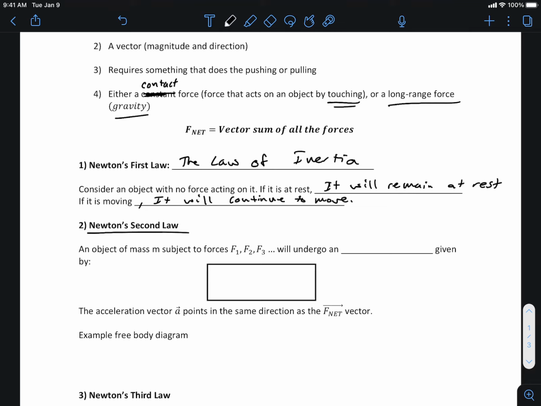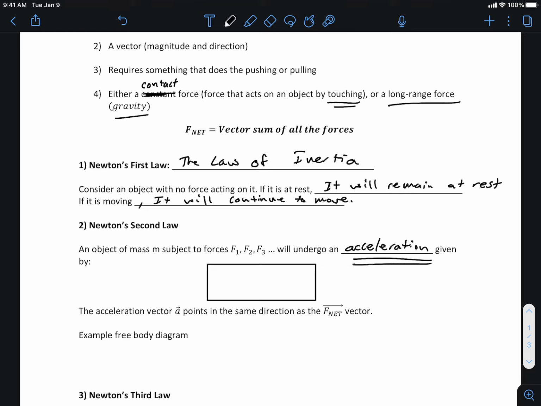Newton's second law is the one we were trying to get to this morning. An object's mass m, subject to forces F1, F2, F3, will undergo an acceleration. Right? And so we talked about this morning, if the sum of the forces acting on whatever object is not equal to 0, then you're going to see some motion, a motion in the form of acceleration of that object, right?